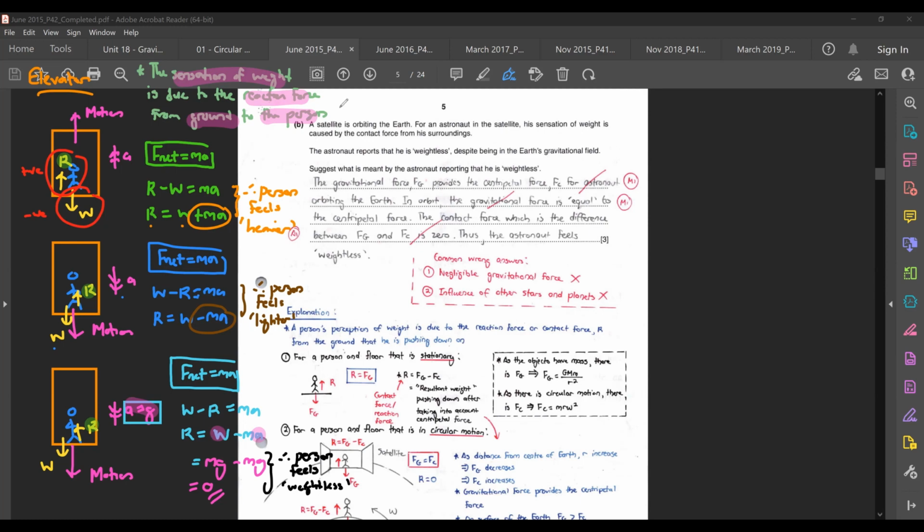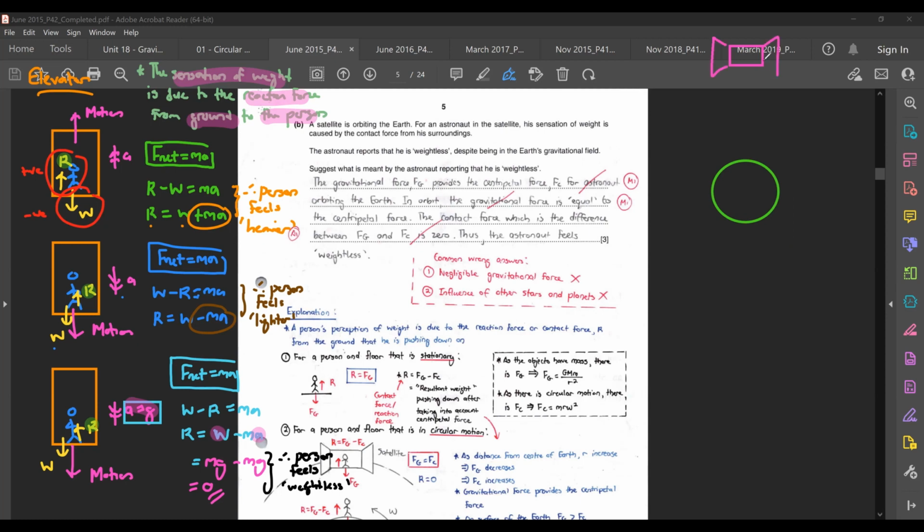It's the same thing for the case where you have a person inside a satellite right now. Okay, so in your case, let's just assume that the Earth is here. For example, let me draw a sphere here to represent the Earth. And then you have a satellite right over here that's orbiting around the Earth.